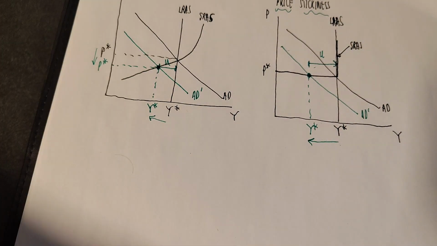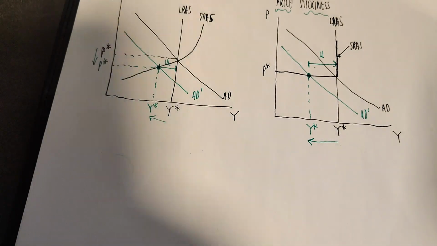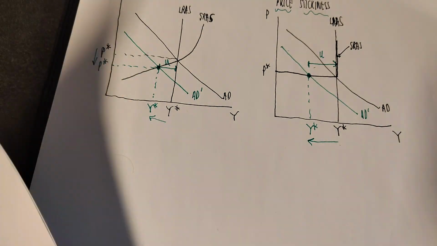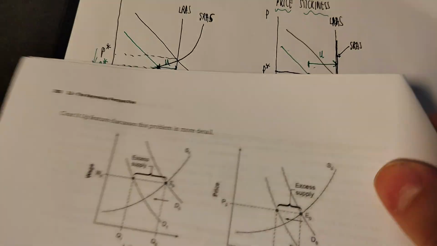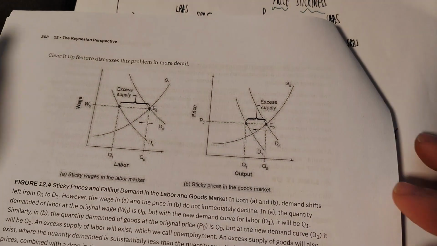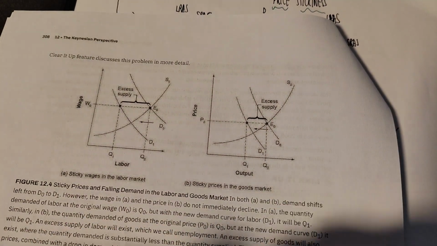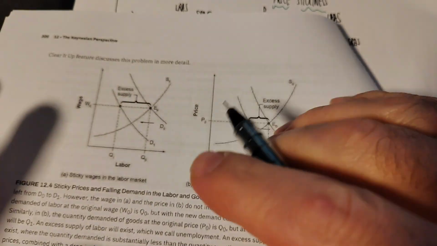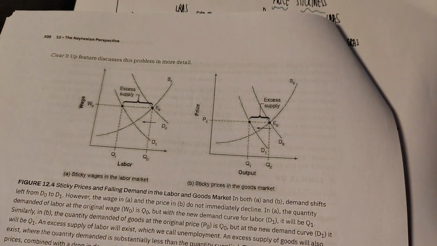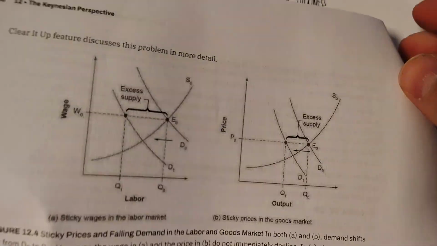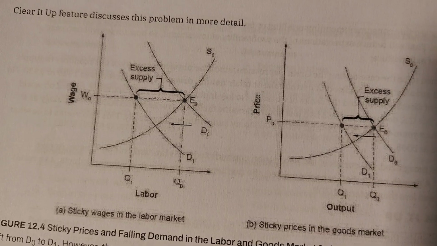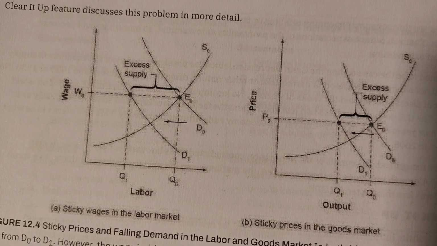Okay. So the other thing I wanted to go over once again was these two pictures here in the textbook where, again, we not only have price stickiness in the goods market, but we also have wage stickiness in the labor market, okay?